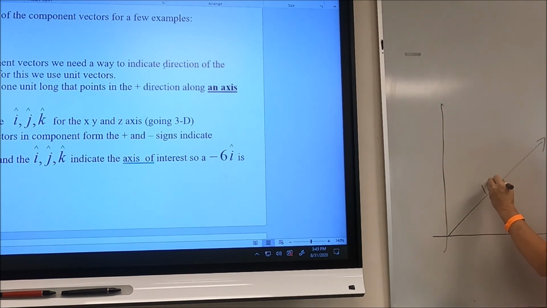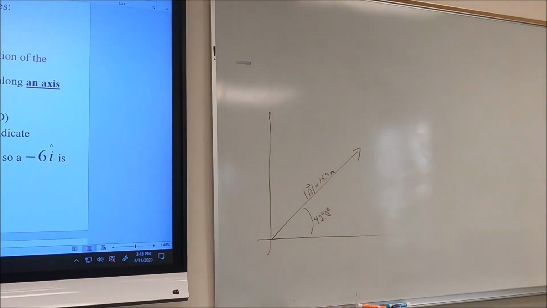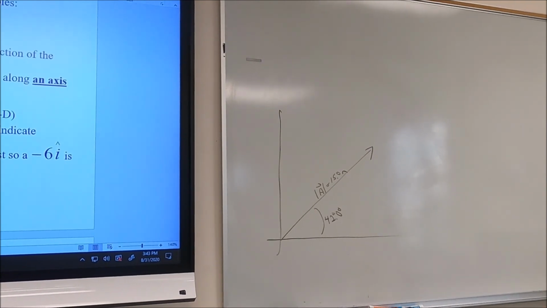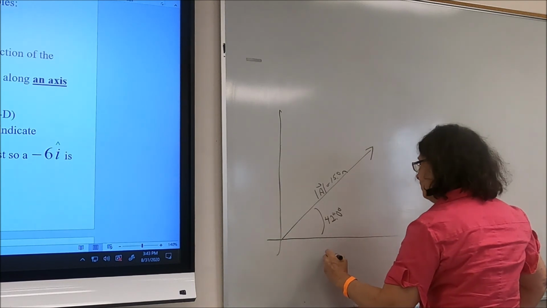Let's say the magnitude of vector A here is 15.0 meters, and this angle is 42.0 degrees. Make sure that I've got that lined up. Okay, there we go. There's our vector. So A is 15 meters long, and that angle is 42 degrees.